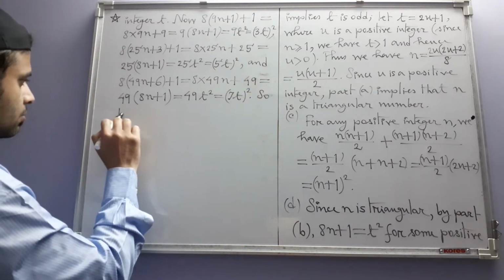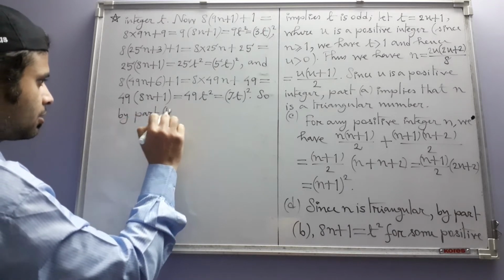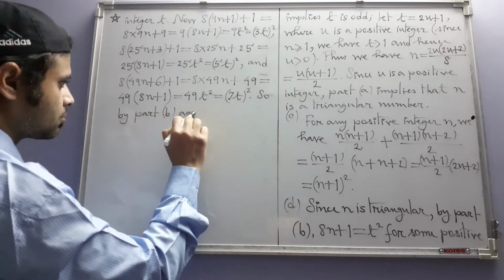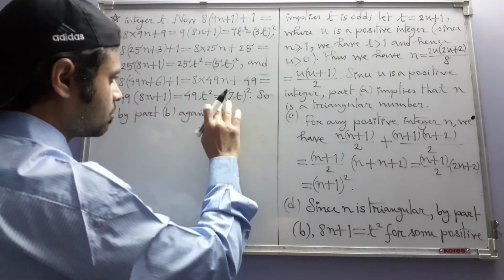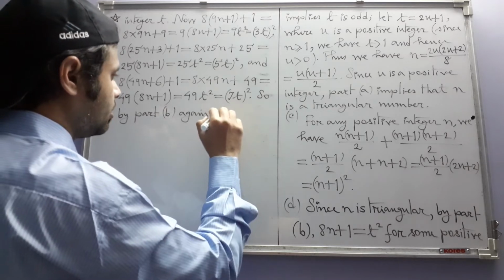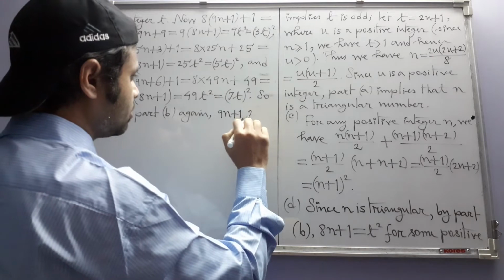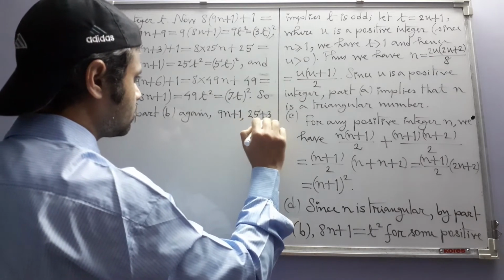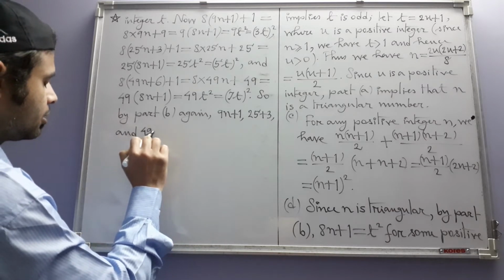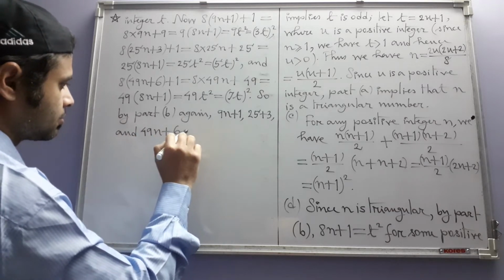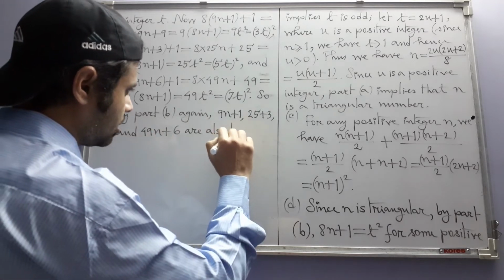So by part B again, 9n plus 1, 25n plus 3 and 49n plus 6 are also triangular numbers.